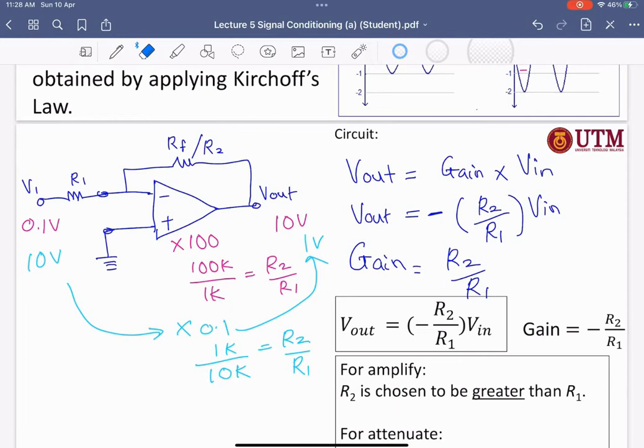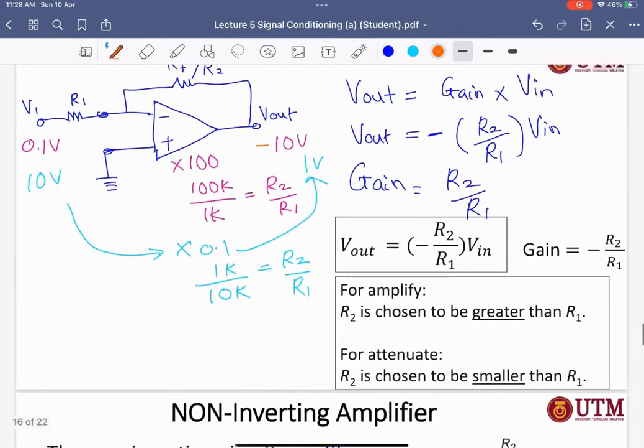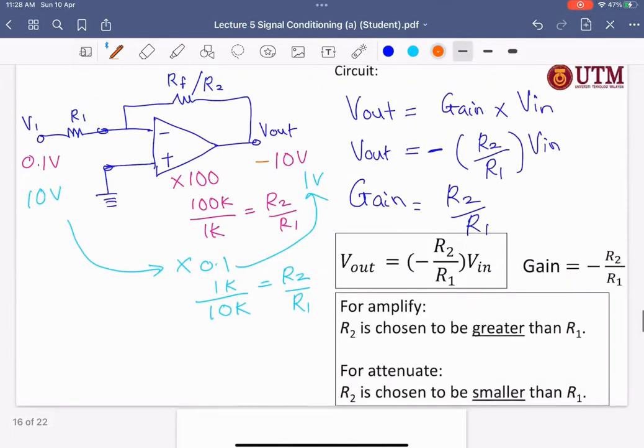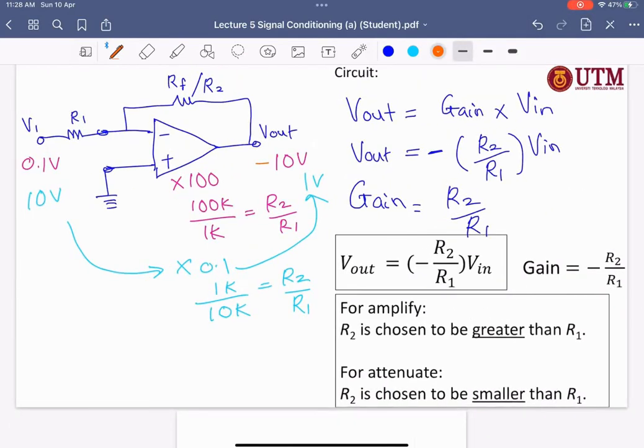All right, so what you get is minus 10 volts. So how to make it positive 10 volts? Guys, can you guess how to make it positive 10 volts? Our input is 0.1, but we want to get positive 10 volts for the output.